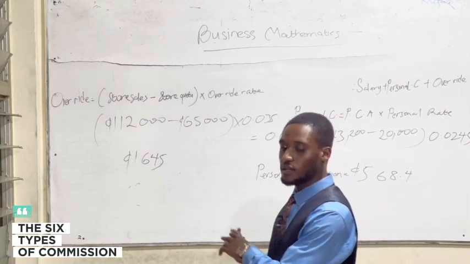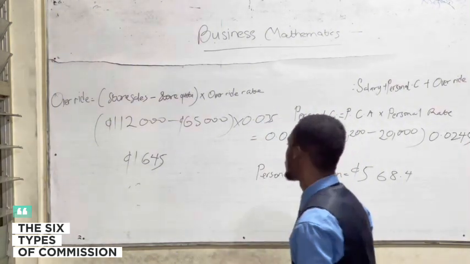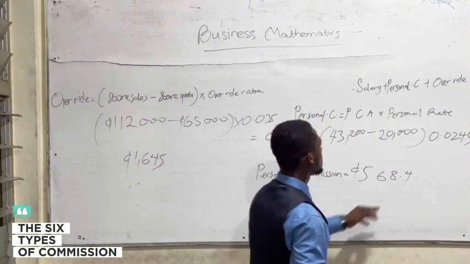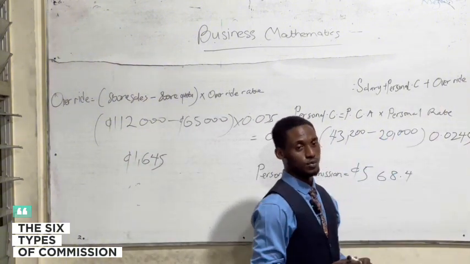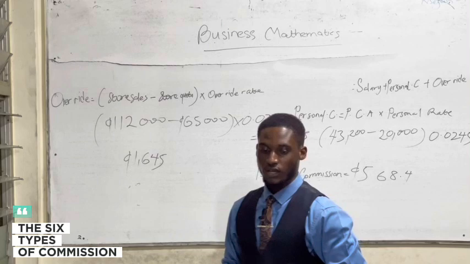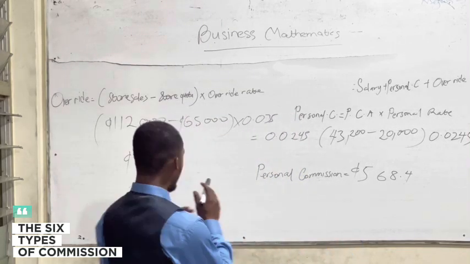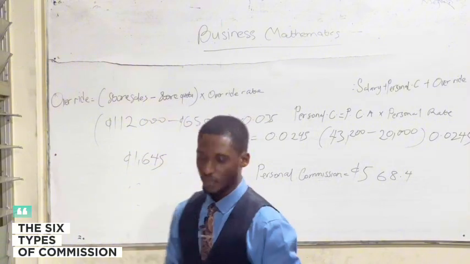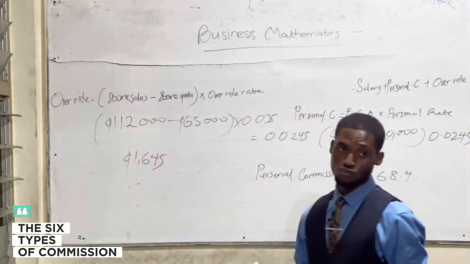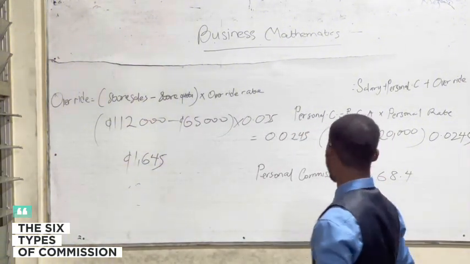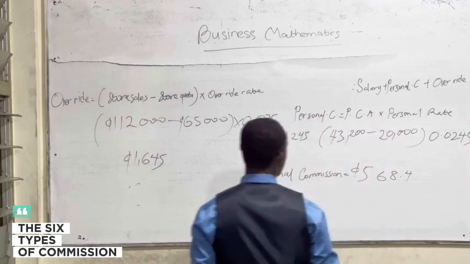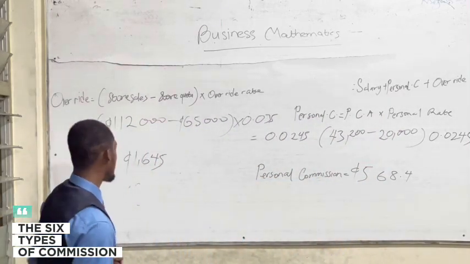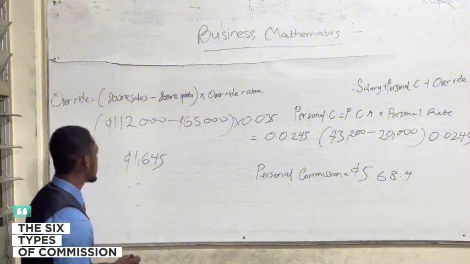So now we can easily fix in our override here as well. Our override is 1,645. Our monthly salary is 1,200, and our personal commission is 568 cedis 0.4. So now let's do our addition here.